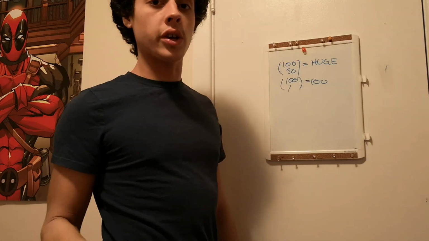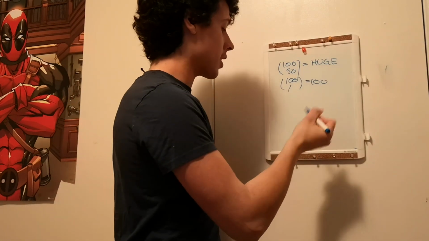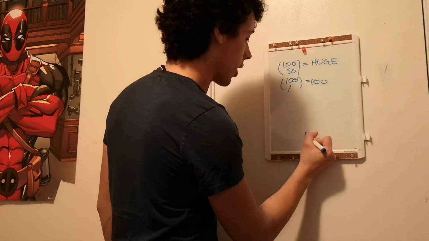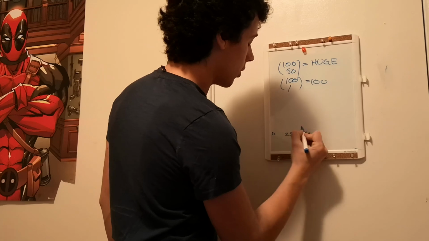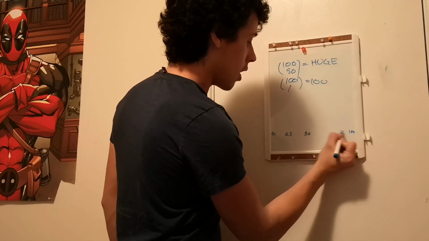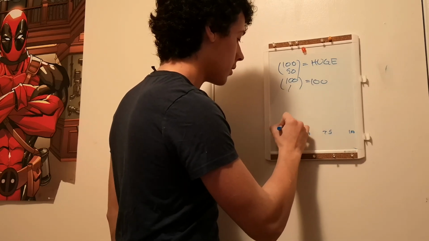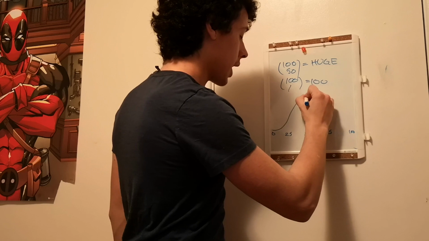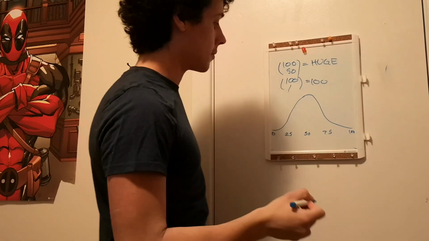And again, if you were to graph the probability of getting different amounts, the probability of getting 50 would be here, 25 would be here, and 0 heads would be here. Otherwise, you could get 100 heads, or you could get 75 heads. And if you graph the probability, you'd get a peak at 50, and go down like that.